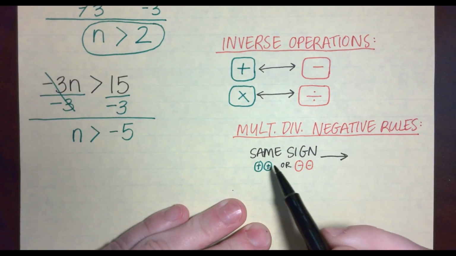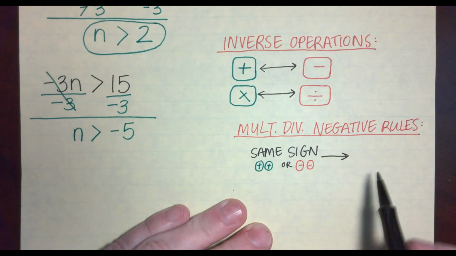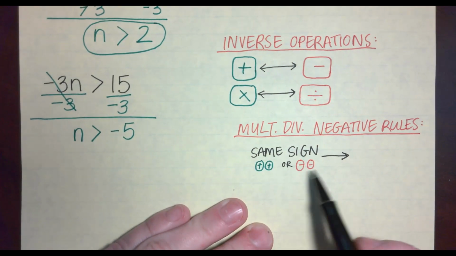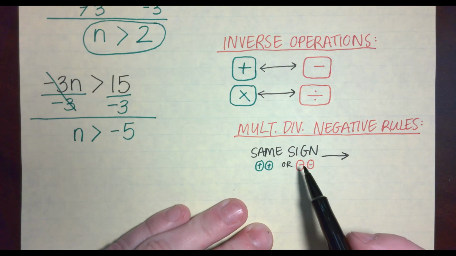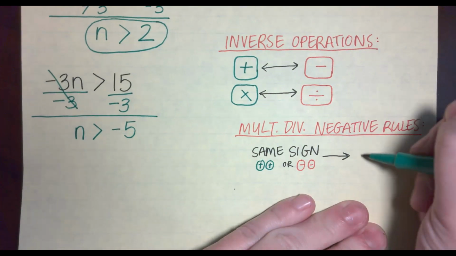When you multiply or divide two positives, there's no negative there, so you get a positive. When you multiply or divide two negatives, those two negatives cancel each other out, and you will also get a positive answer.